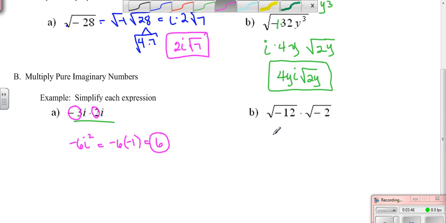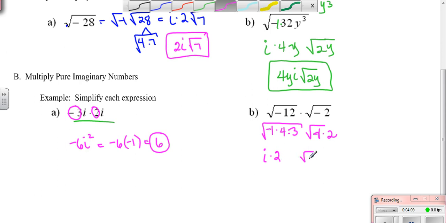In the same way here, I have -1 times 4 times 3 for -12 times the square root of -1 times 2. So when I take the square root of -1, I get i. The square root of 4 is 2.